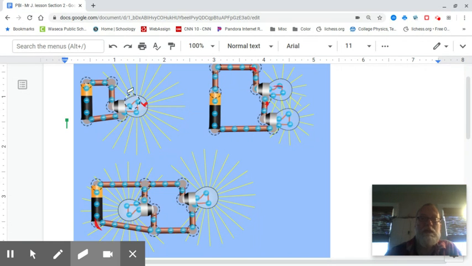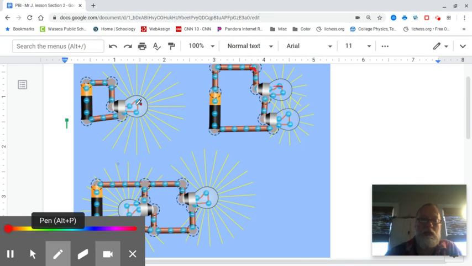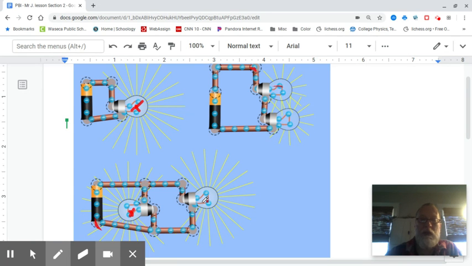Now, when we look at the brightness of the bulbs, you'll notice that these three bulbs are exactly the same brightness. And one of our assumptions that we were given in the lab notebook was brightness indicates current. So all three of these bulbs have exactly the same amount of current going through them.